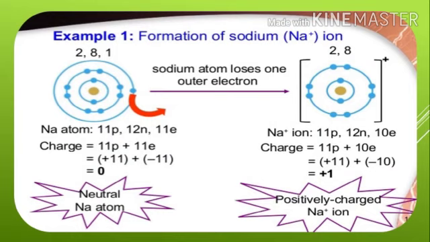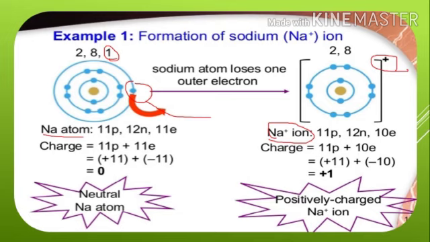And in order to become more stable, sodium atom donates its one outermost electron to some other atom. By losing one electron, sodium atom gets 1 unit positive charge and becomes sodium ion.